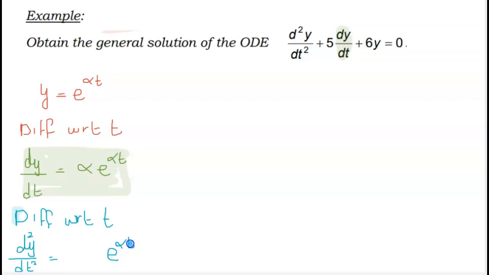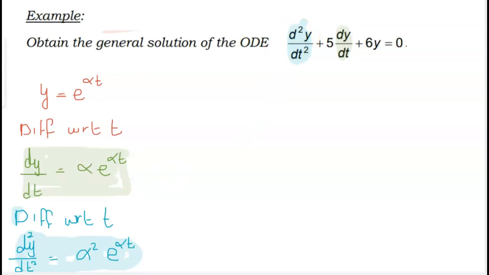Differential of e to the alpha t is e to the alpha t. There is an alpha already there, and there is another alpha that will come up. So that will become alpha square. Now I got that bit as well.